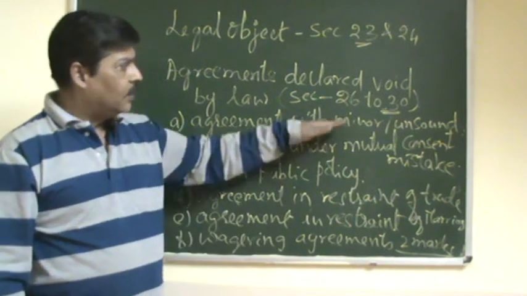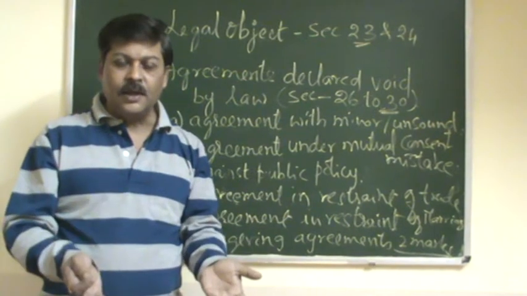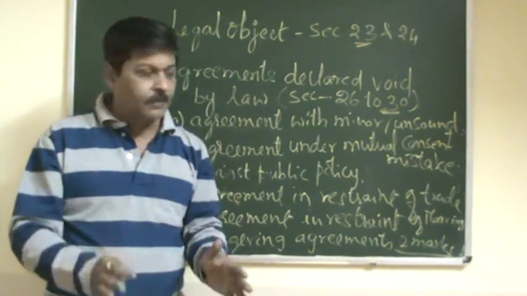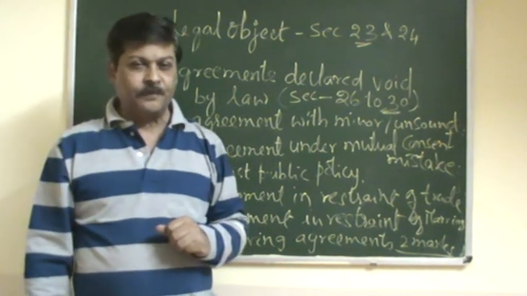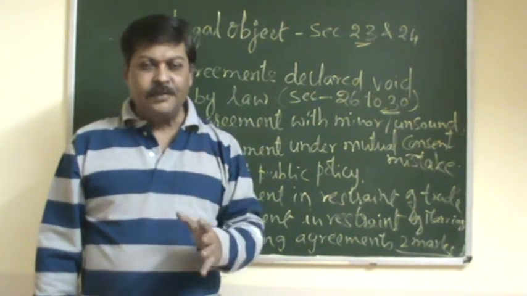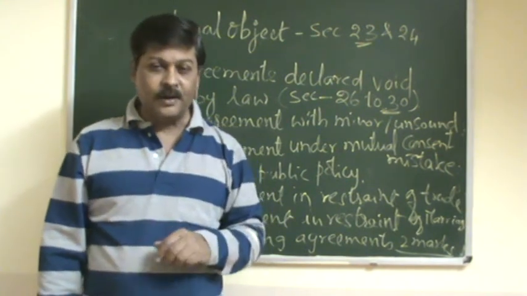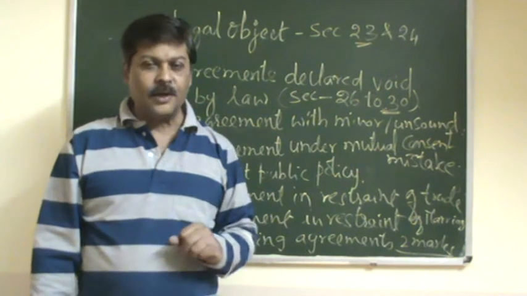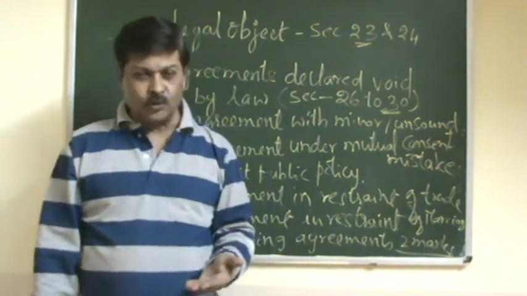So leaving these aside, the object must be lawful. The subject matter of the contract must be lawful. These are the elements which have to be noticed to make a contract a valid contract. A valid contract is enforceable in the court of law. So these are the two other aspects which you have to know.